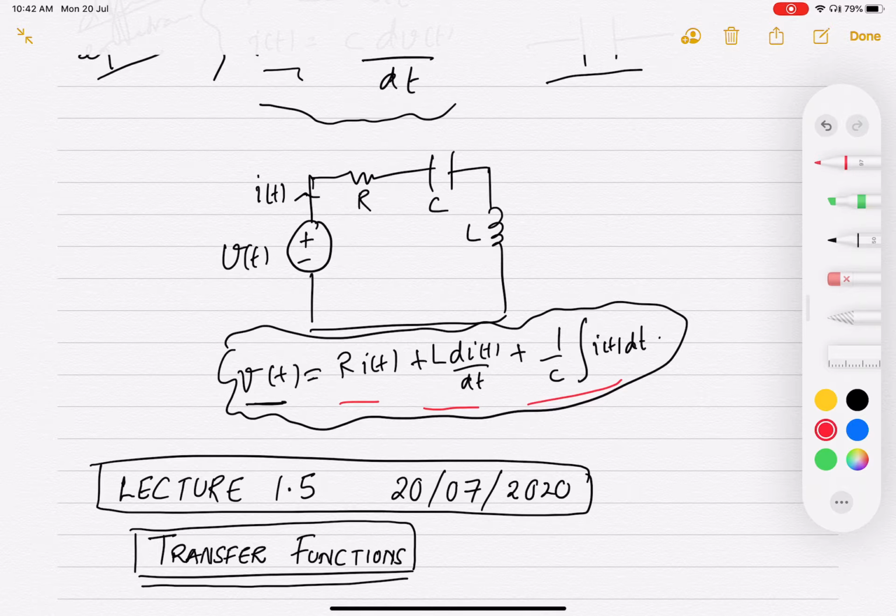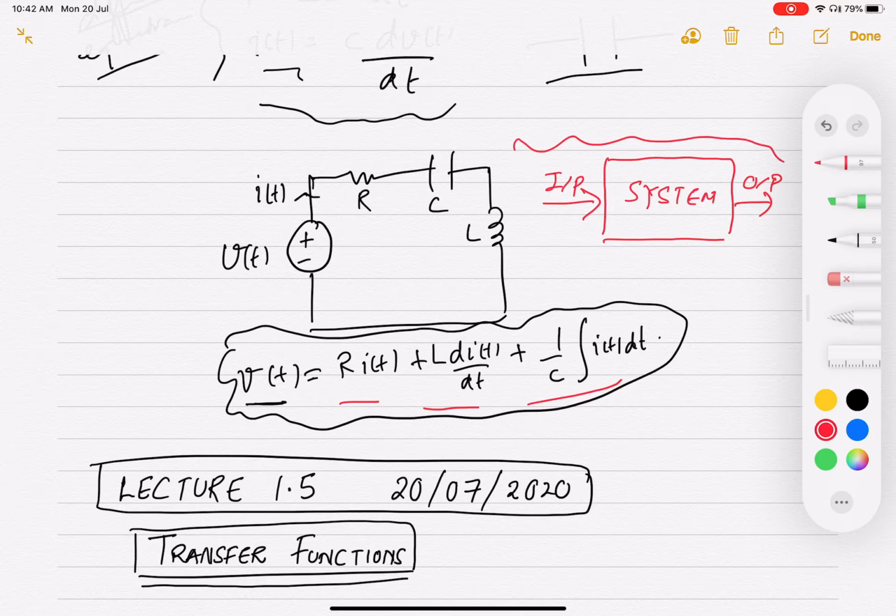What we would like to have, as I've told you before, is something in the form where you have an input going into the system, you have an output coming out from the system, and you have the system inside. I would like to have this block diagram representation for this differential equation.